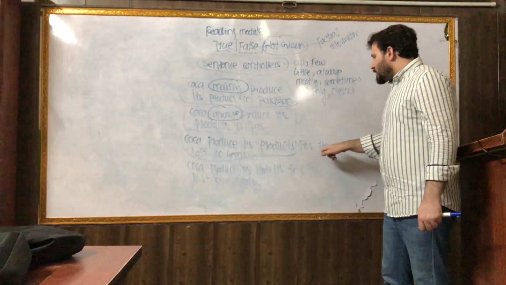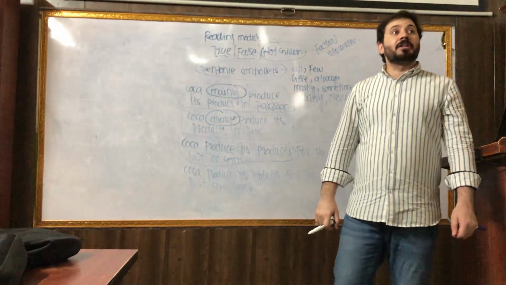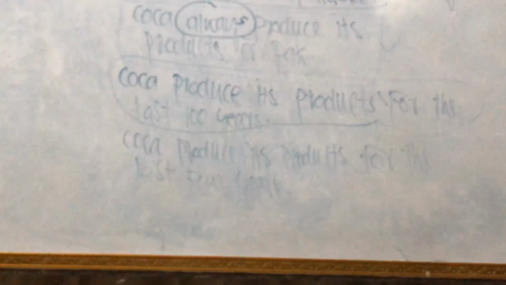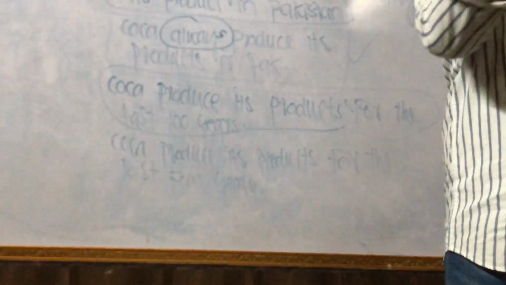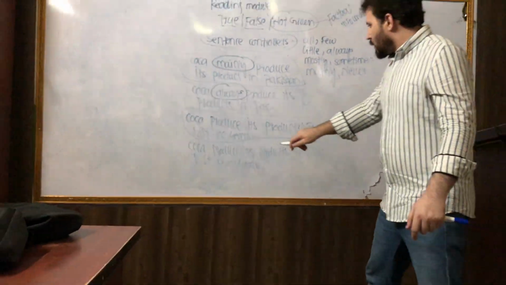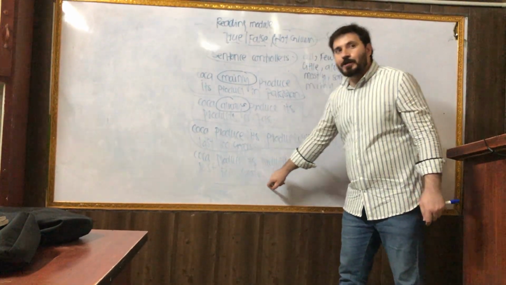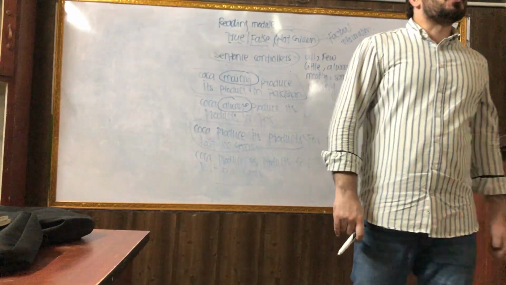That Coca-Cola produced its products for the last 100 years. And when you come to the passage and start reading, you find out Coca-Cola produced its products for the last few years. So now, is this true or false?